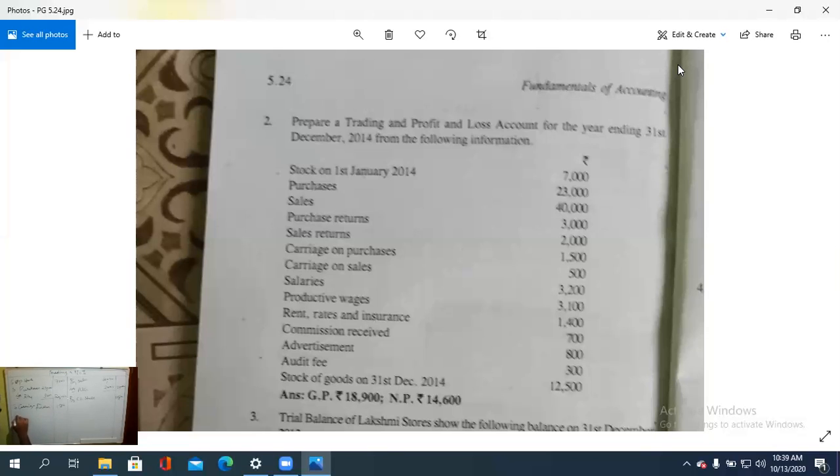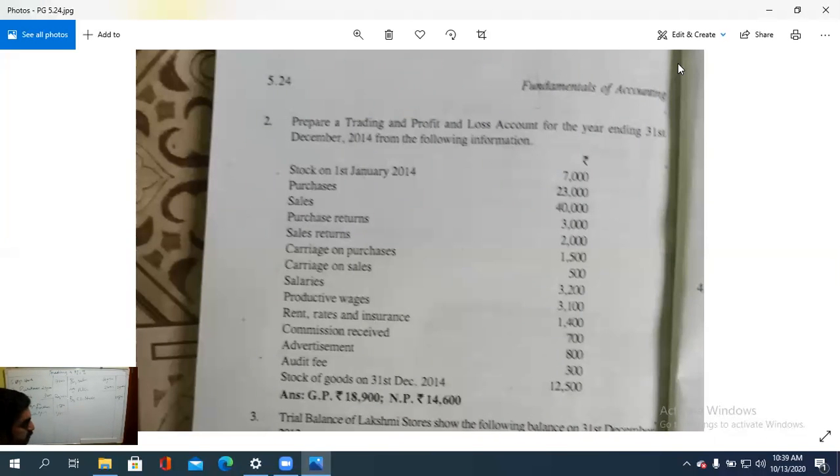So one more item, to productive wages. How much is it? 3,100. Then take the total of this. 7,000 plus 21,500 plus 3,100, 31,600 on the debit side, and then the credit side it is 38,000 plus 12,500, 50,500.